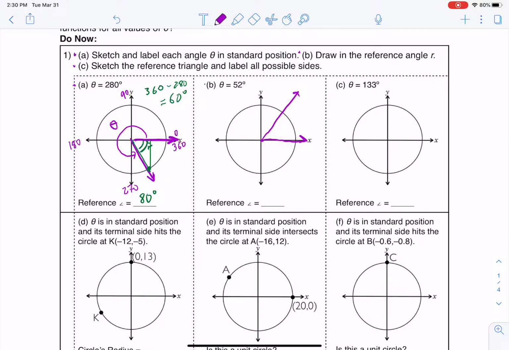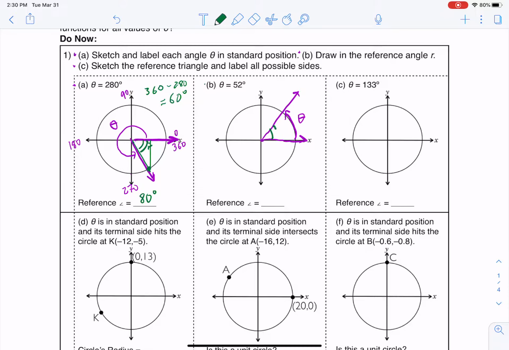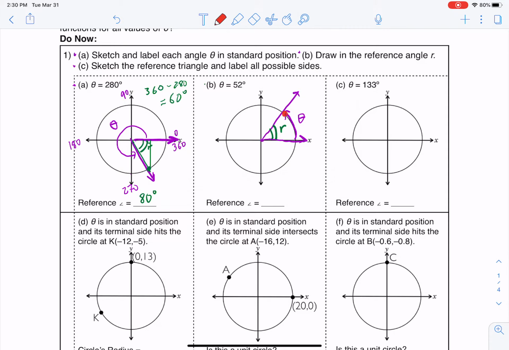So theta is the angular measurement between that initial side and terminal side. My reference angle in this problem is the same as theta. And then my reference triangle is the triangle drawn in red here.